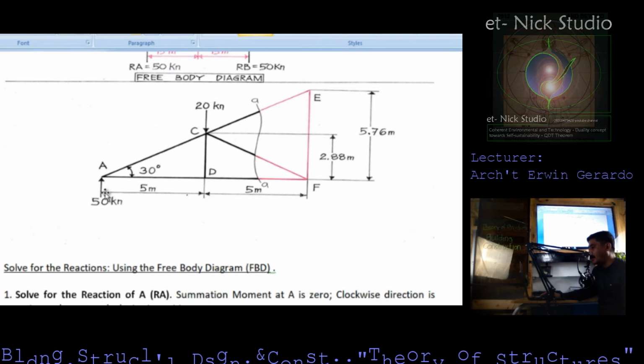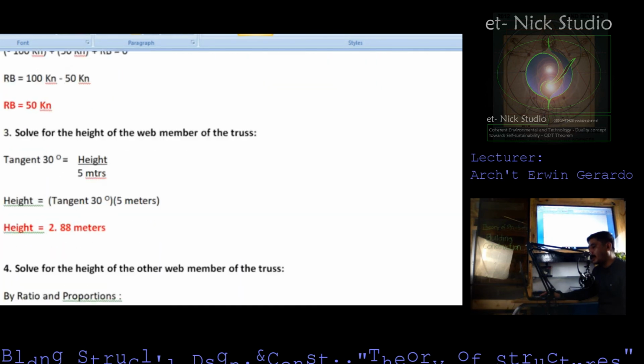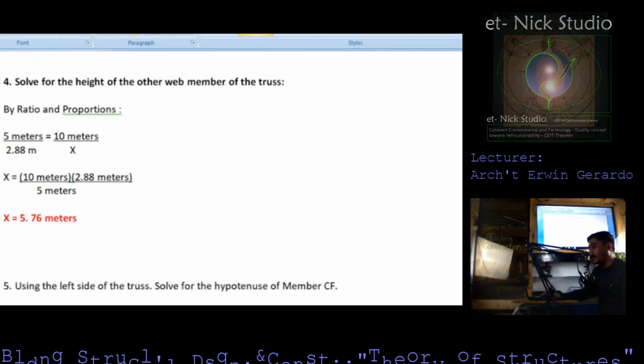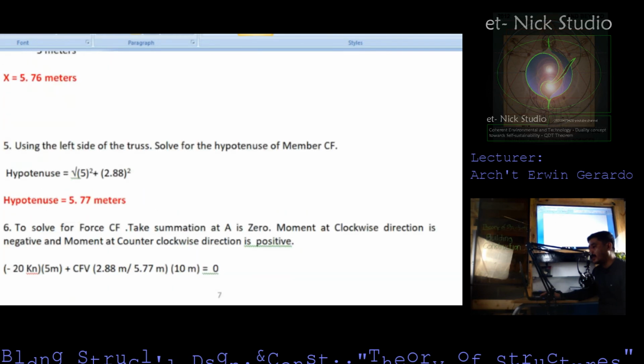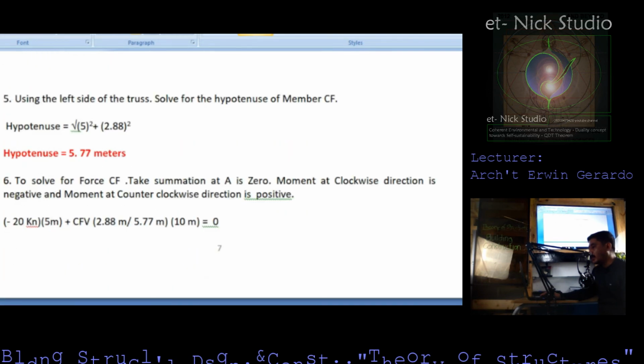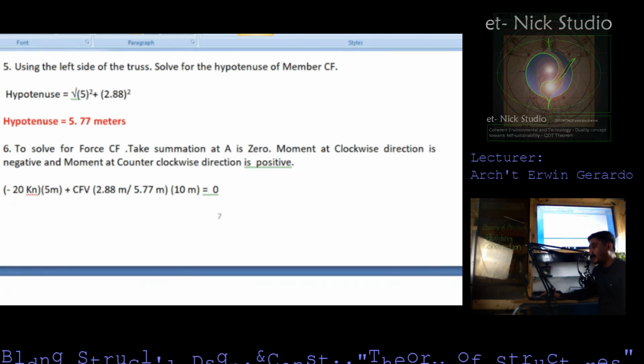So meaning you can get the right triangle here, then eventually the other right triangle here. That is why we were able to come up with the ratio and proportion, which is equivalent to 5.76.